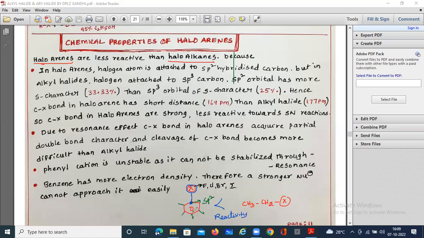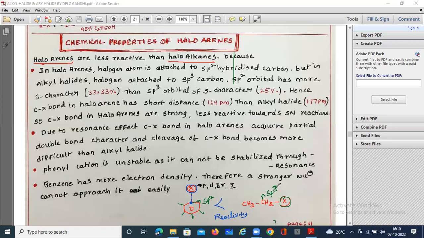So in the benzene ring, all the carbons show sp2 hybridization. But in haloalkanes, the halogen atom is attached to a carbon showing sp3 hybridization.